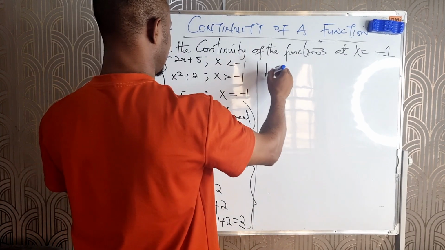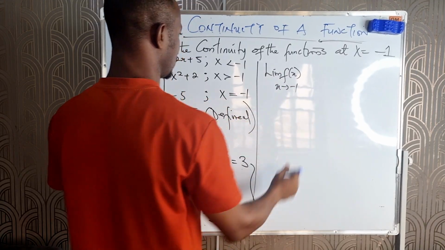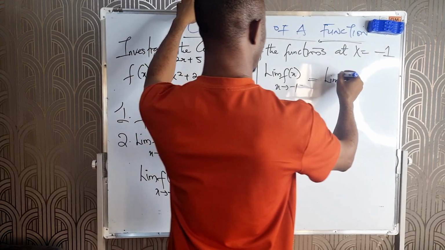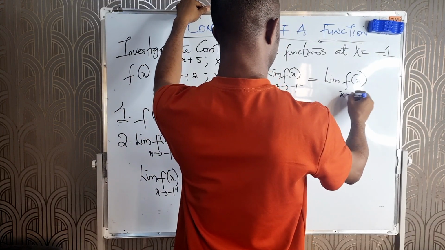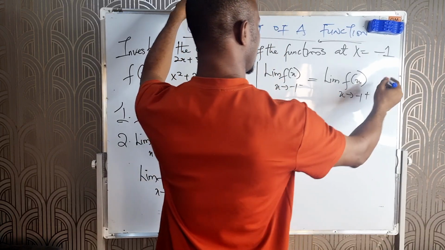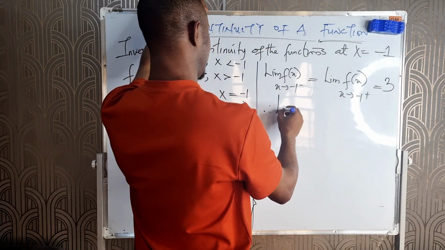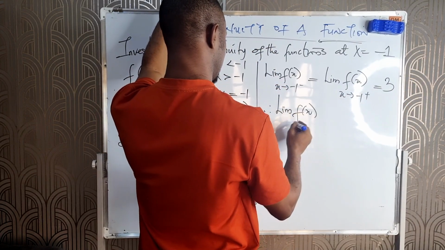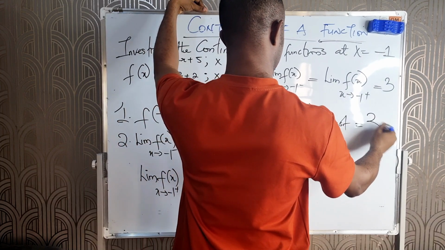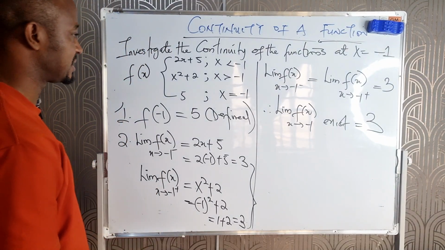So the limit of f of x as x approaches -1 on the left-hand side is equal to the limit of f of x as x approaches -1 on the right-hand side, which is equal to 3. Therefore, the limit of f of x as x approaches -1 exists, and the result is 3. It exists because the left-hand side limit equals the right-hand side limit.